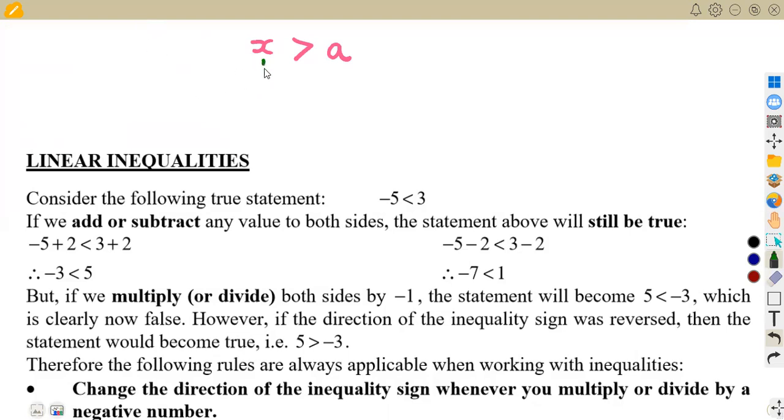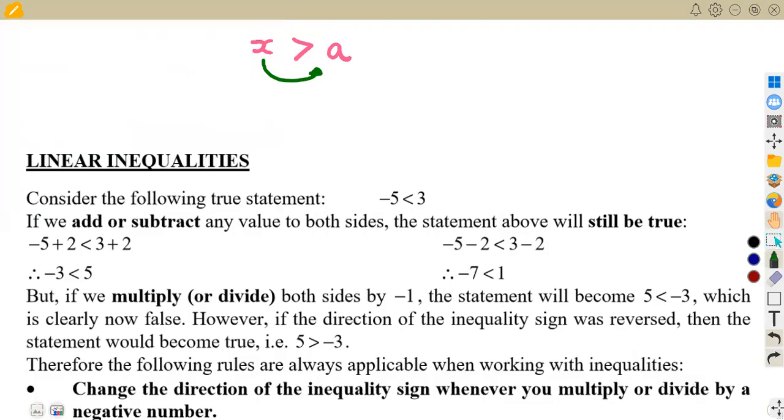If I move from x going this way, it means x is greater than a. X is the one that is pointing at a. You don't point at an elder, we know that. An elder can point at you, but you can't point at an elder. So this x is pointing at a, so it means a is small. X is the elder, a is the younger one. The one that is pointed at is the smaller one. So x is bigger than a, greater than a, okay?